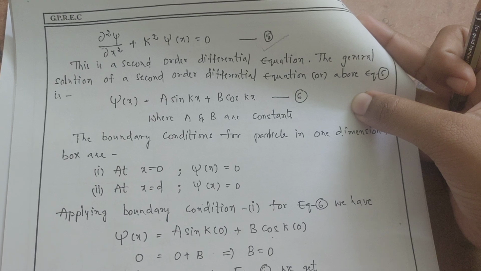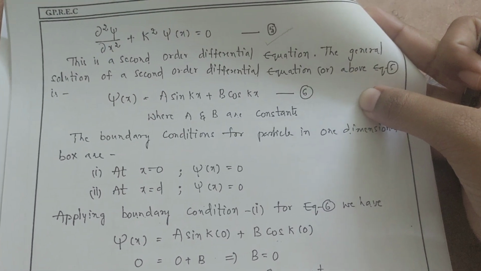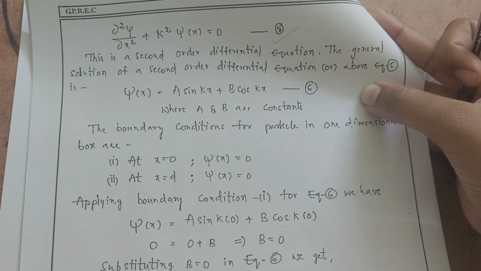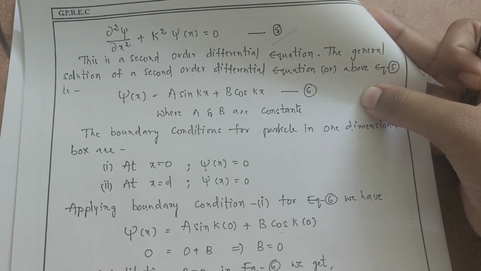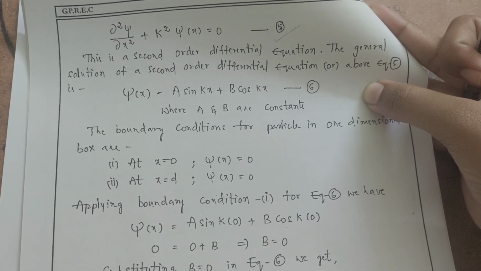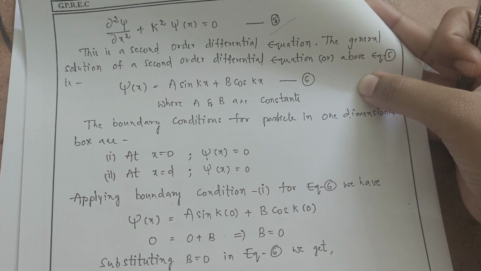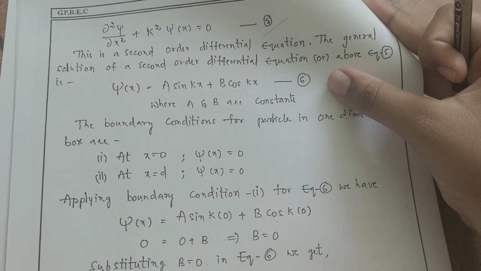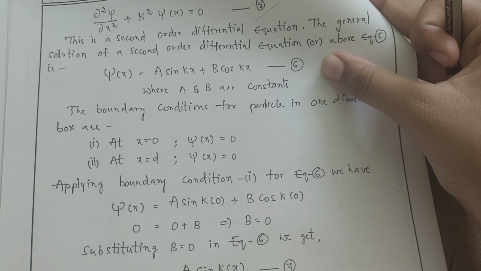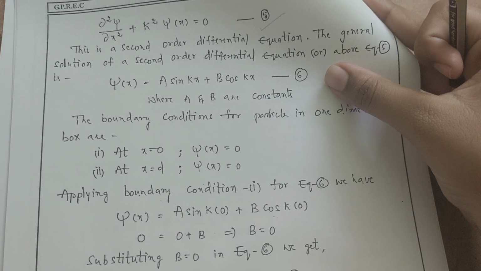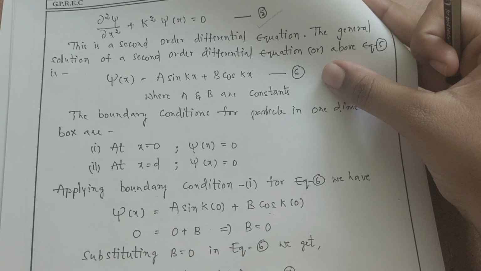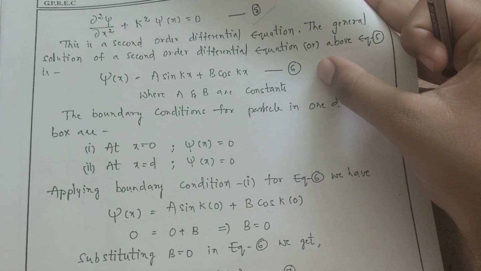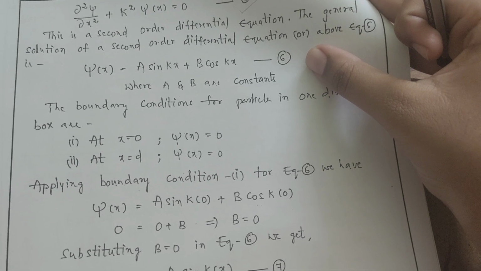We have learnt in Maths 2 of our second semester about differential equations of the first order and second order, and by that we know the general solution. So psi of x is equals to A sin kx plus B cos kx. This we take as equation number 6.